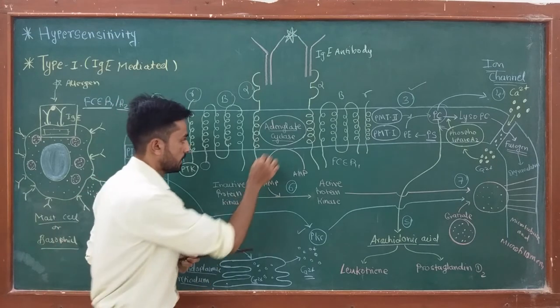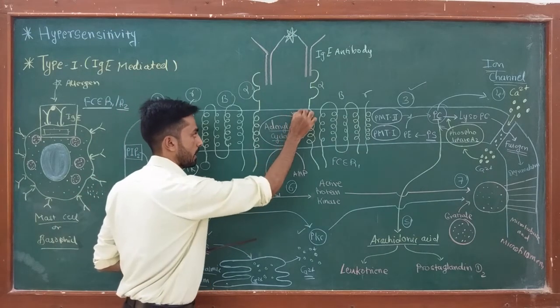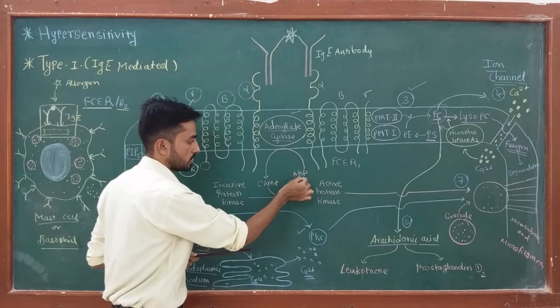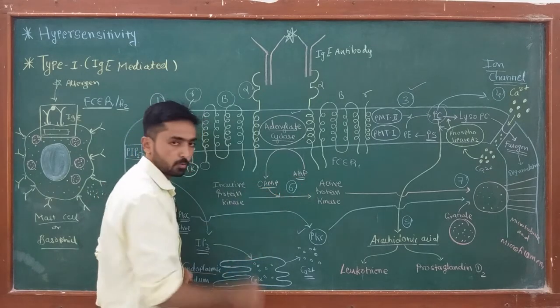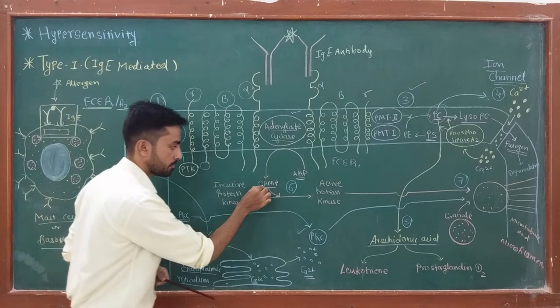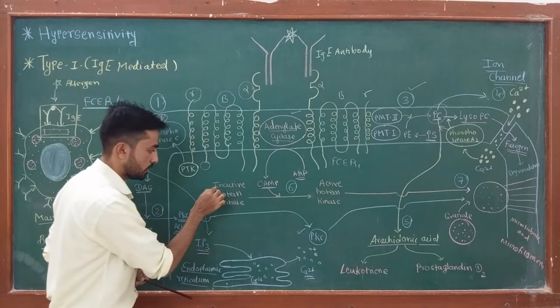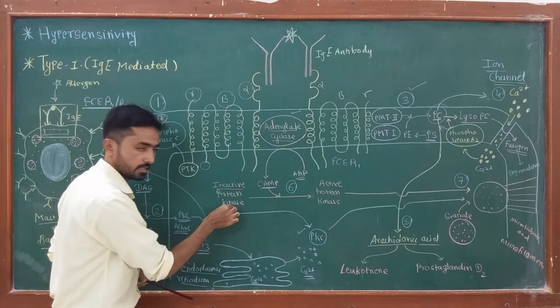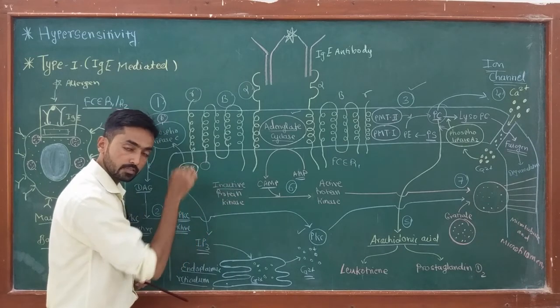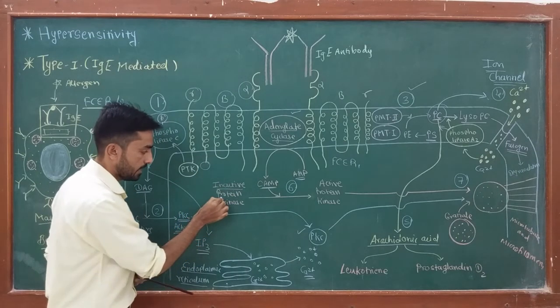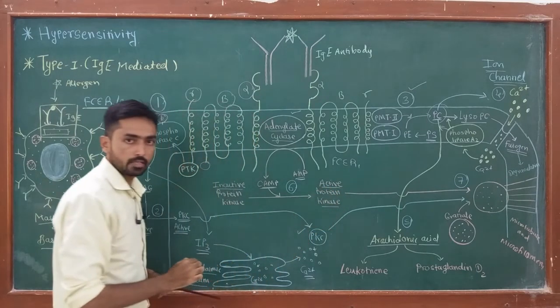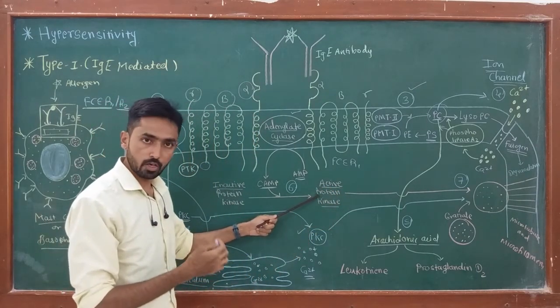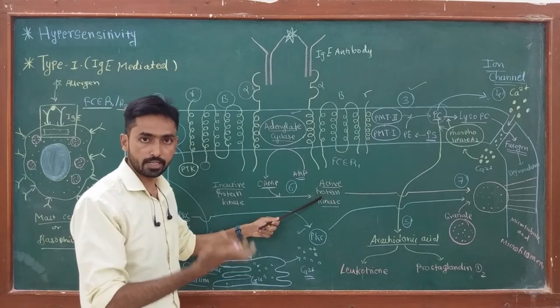That means after activation, adenylate cyclase converts adenosine monophosphate into the cyclic form, and cyclic AMP is required for conversion of inactive protein kinase, the enzyme present in the cytoplasm of the mast cell, into active protein kinase. This is the enzyme which also plays an important role in degranulation.